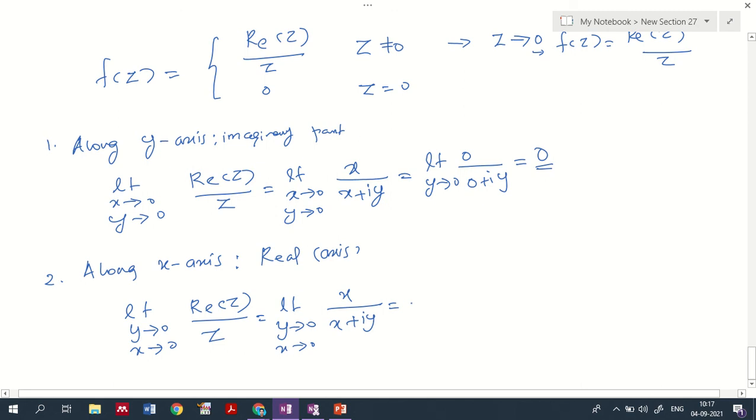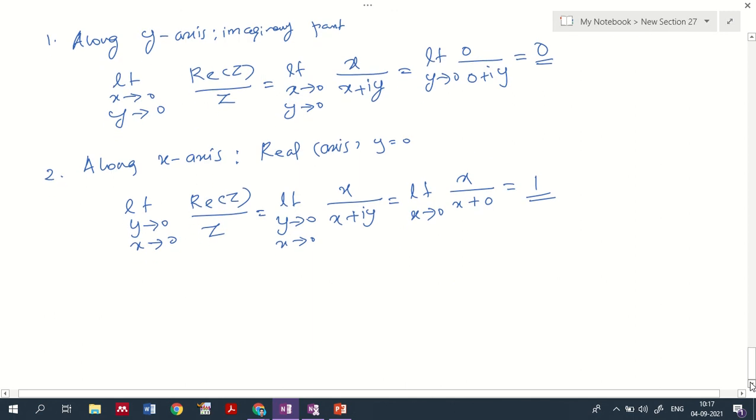In this case y will be equal to 0, so we have x divided by x plus 0, that is equal to 1. Since the function value is not unique along every possible path, we can say that it is not continuous at all.